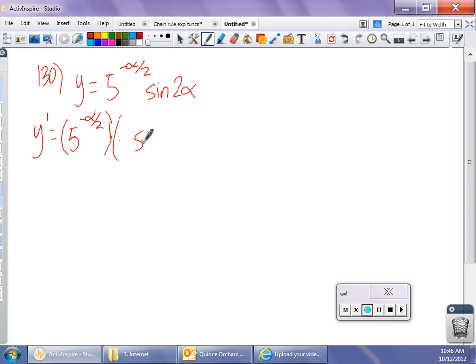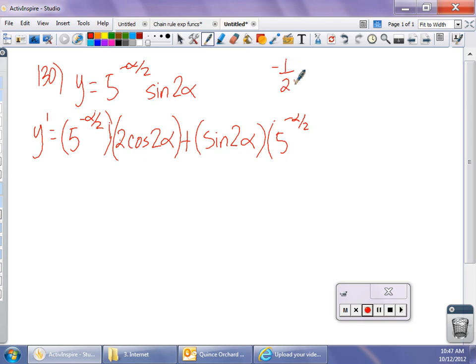The derivative of sine is cosine of the angle times the derivative of the angle, plus the second, sine of 2 alpha, times the derivative of the first. Keep the function. Again, it's an exponential function. Multiply by the derivative of the power. Now remember, the power is negative 1/2 times alpha. So the derivative here is negative 1/2 multiplied by the ln of the base.